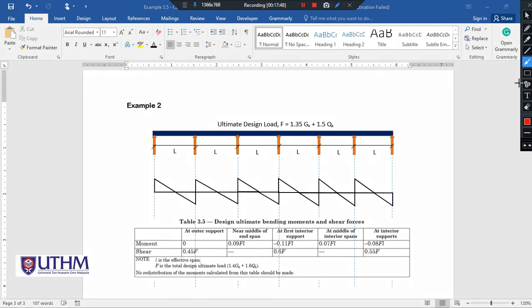First, we check the shear. For the outer support, this is the outer support, both sides. Next is the near middle of the end span. Next is at the first interior support. This is the first interior support. Next, this is the middle of the interior span.